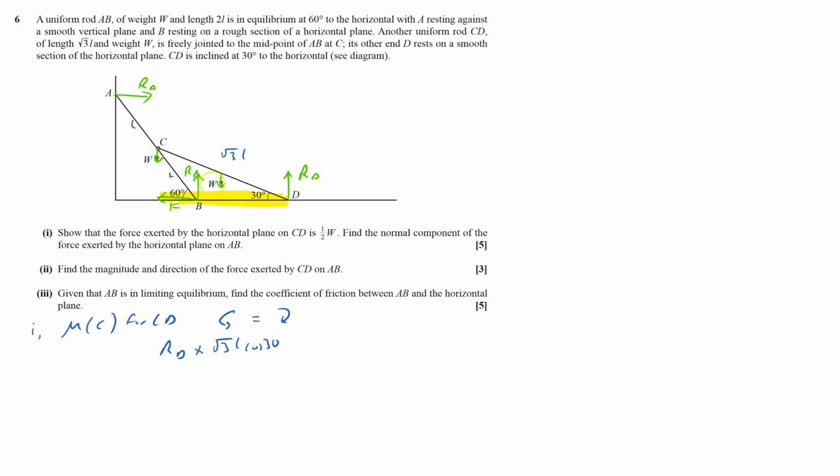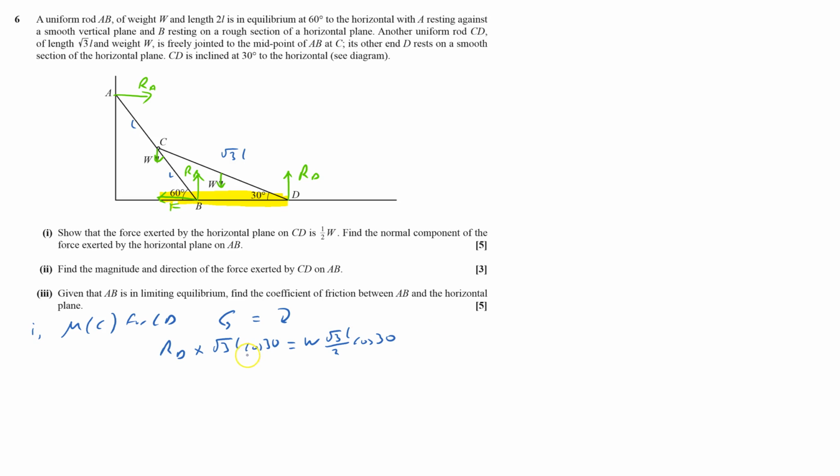So that will be root 3L cos 30, and that's just got to equal the clockwise moments, so that's the W force here, W times, that's going to be half of that, root 3L over 2 times cos 30.